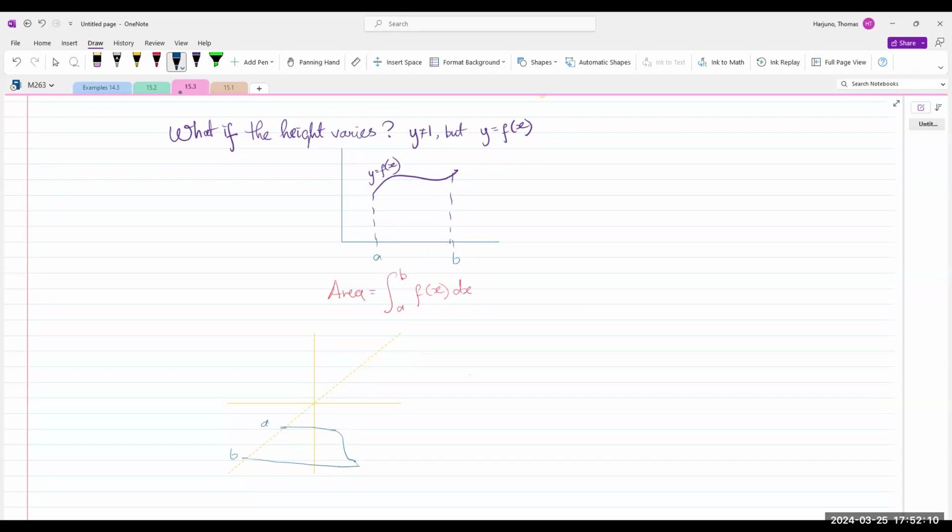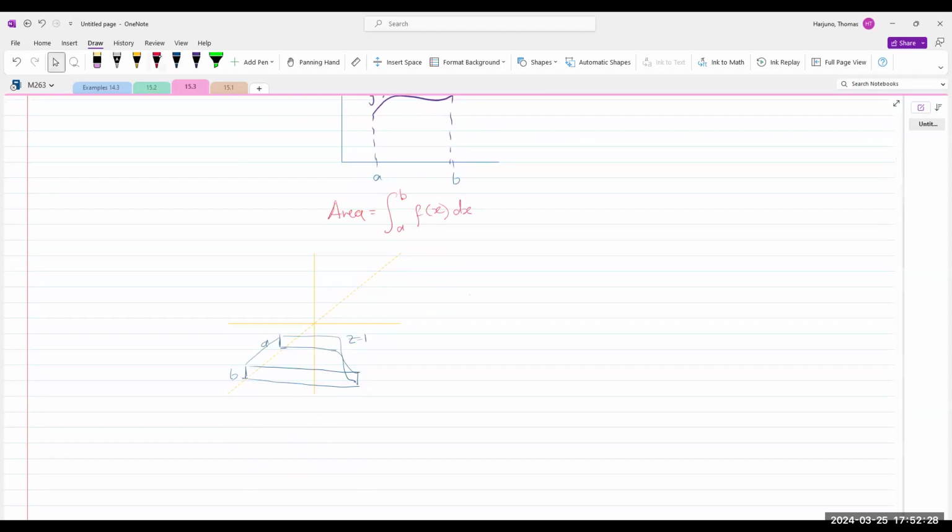Now, I do augmentation with height 1 right now. Let's say z equals 1.